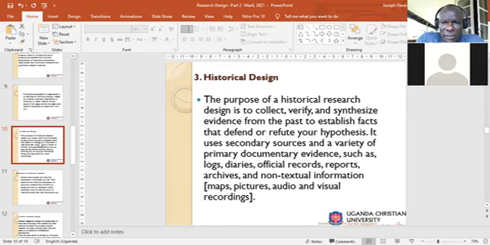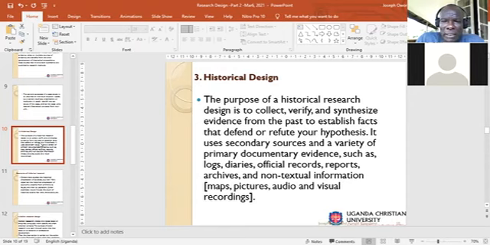It uses secondary sources and a variety of primary documentation evidence, such as logs, diaries, official records, reports, archives, and text and non-textual information, e.g. maps, pictures, audio, video, visual recordings, and so on.